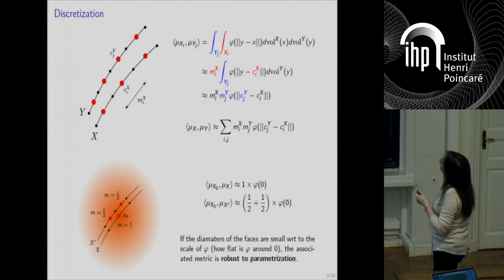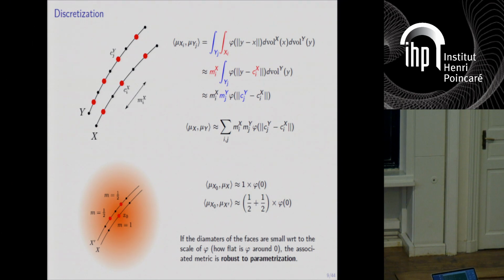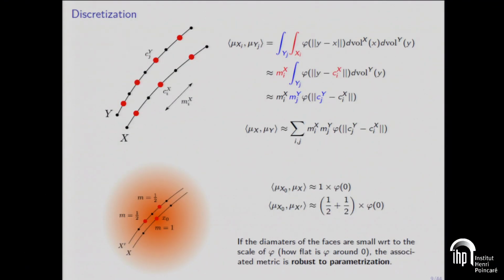And so you can approximate this integral. The idea is that if the diameter of your face is small with respect to the scale of your distribution, so if you're in a neighborhood where you stay close to 1, you can approximate all these points by the center of your faces.